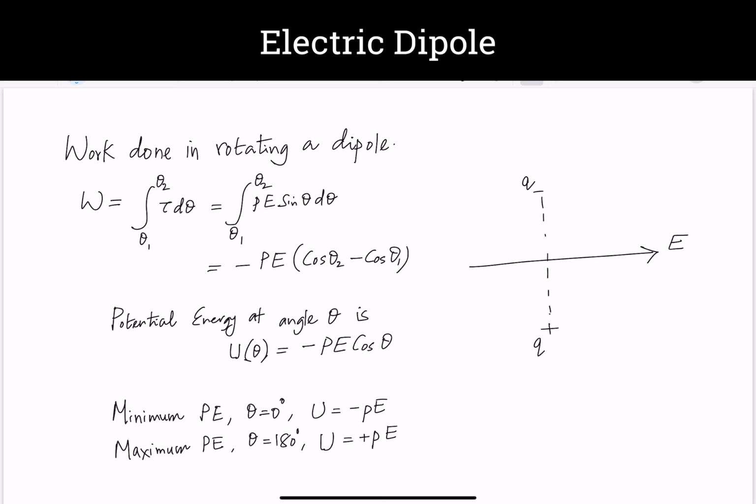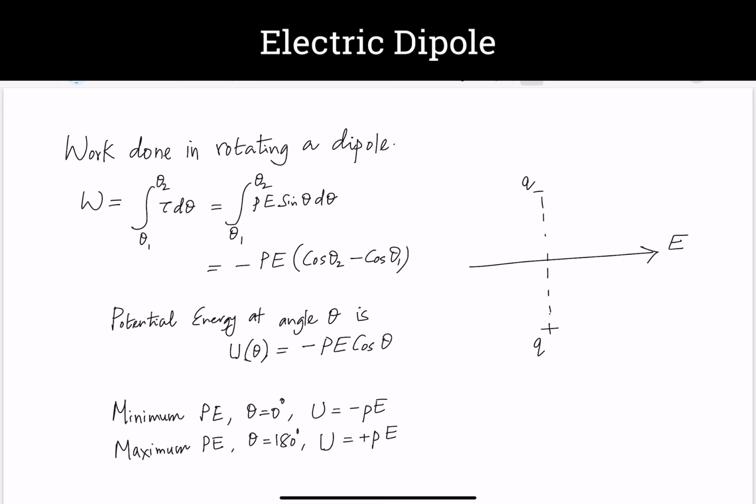In this case, we know cosine of 90 is 0. That means the potential energy is 0. So the zero potential energy is when the dipole is making 90 degrees with the electric field.